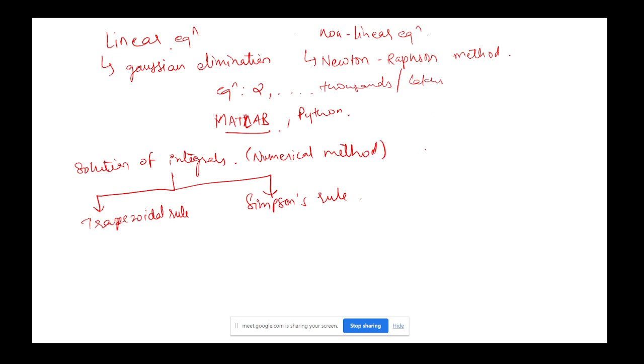You find the values of f of x for different values of x, tabulate them, and put this information in the formula for the trapezoidal rule, Simpson's one-third rule or Simpson's 3/8 rule, and you can get the solution for that integral. So this was all that we had studied.